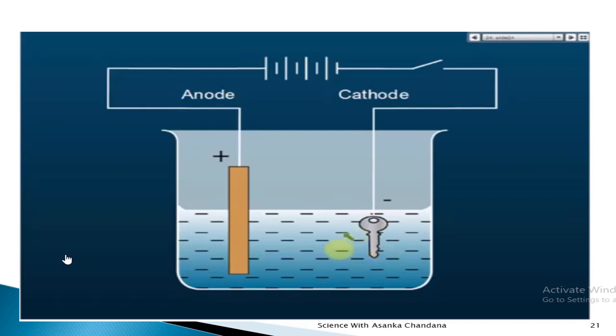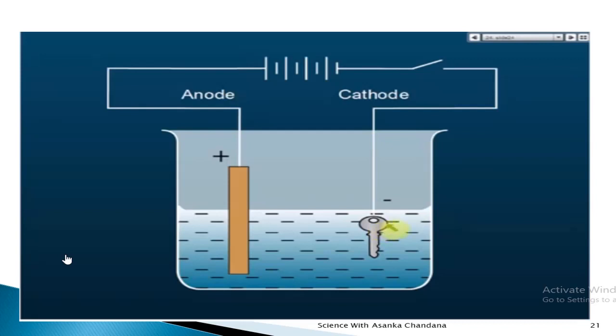That's the idea. In electroplating, the very first thing we need to know is which one you take as the anode and which one you take as the cathode.